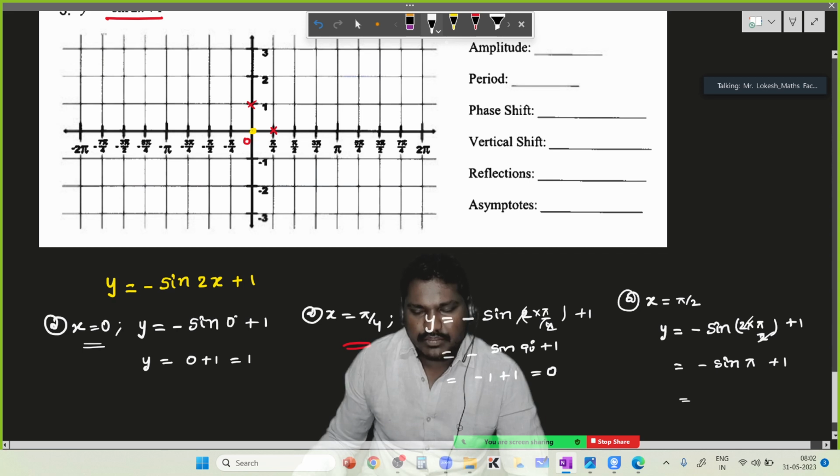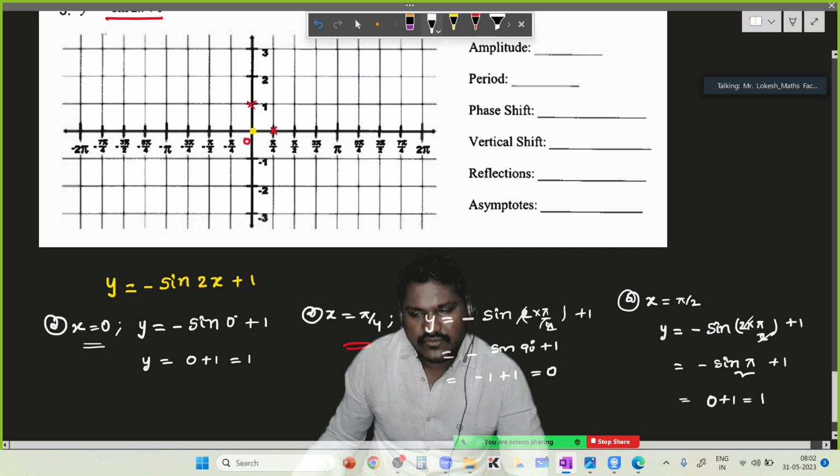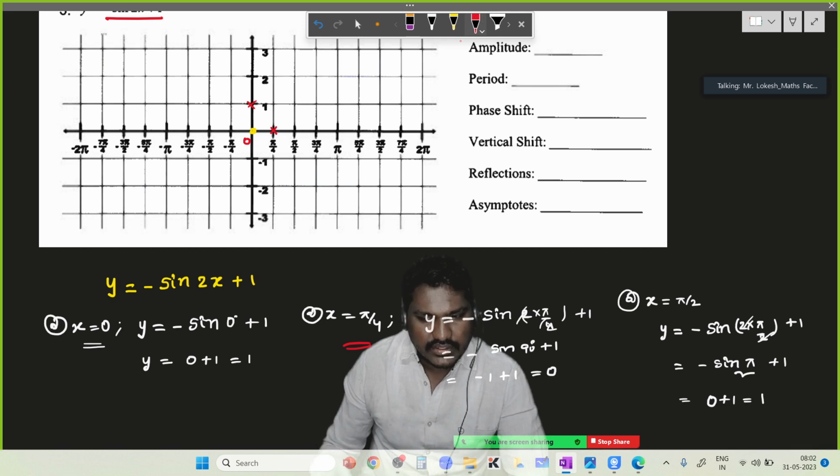So sine pi, as I told you, sine 0 is 0 and sine pi, that means sine 180, is also 0. So that will become minus of 0. Negative of 0 is 0 plus 1, which will become 1. So here the function value is 1 at x is equal to pi by 2. So again it will come here.